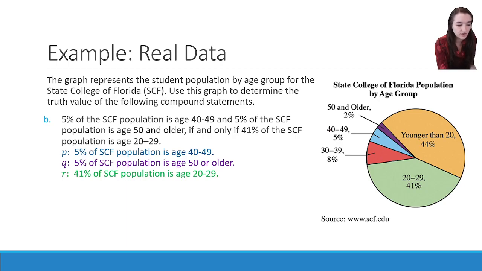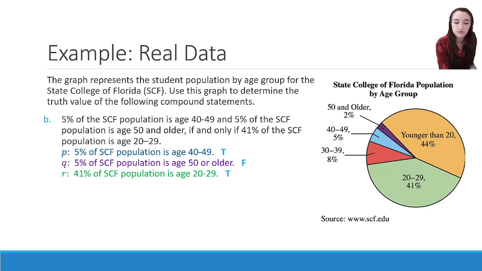So we can go through and we say, okay, 5% is 40 through 49, yep, that one is in fact true. 5% is age 50 or older, well, 50 or older, that's 2%, so that one is false. And 41% is age 20 through 29, that one is true. So we get TFT once again.